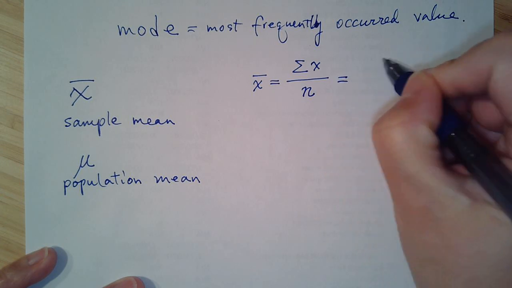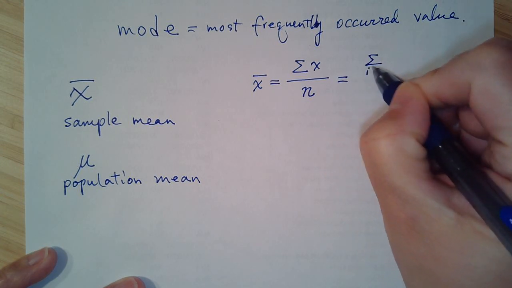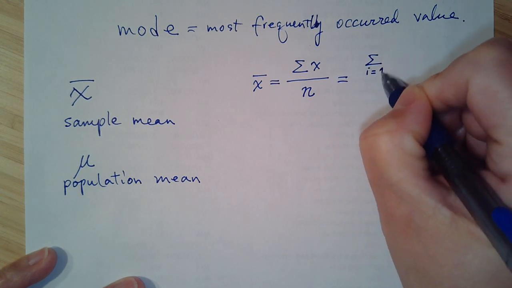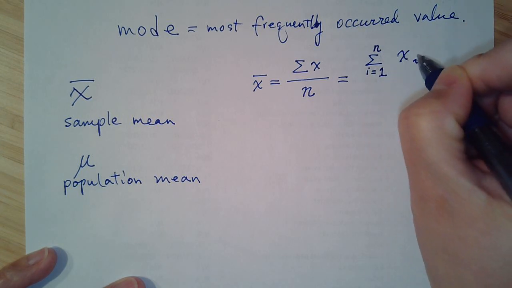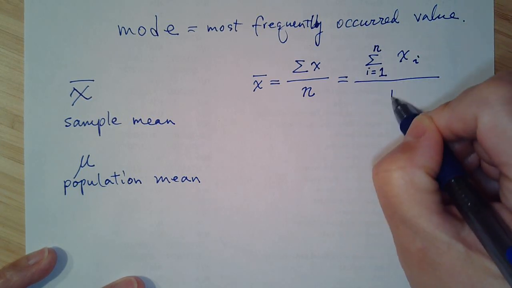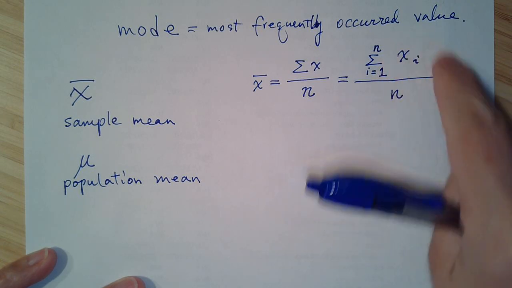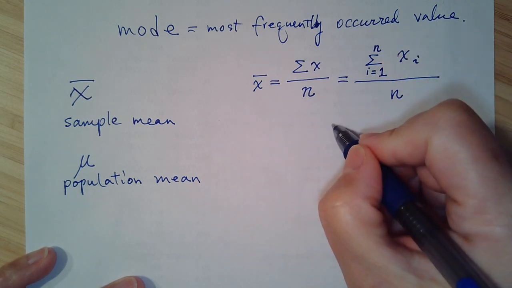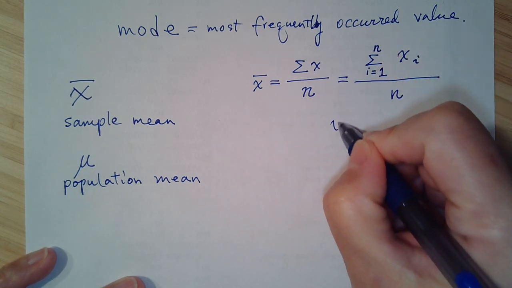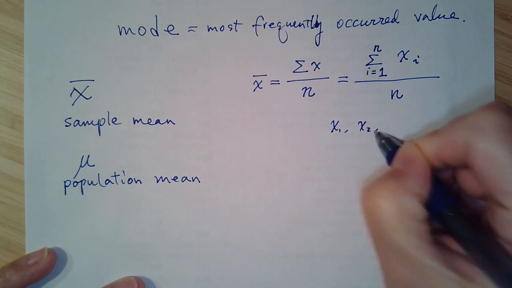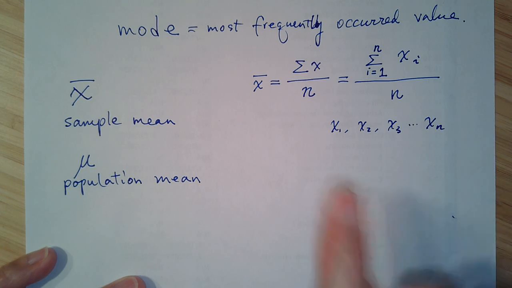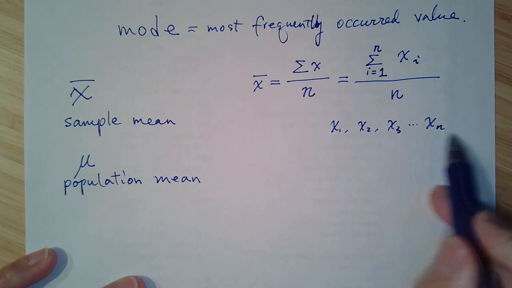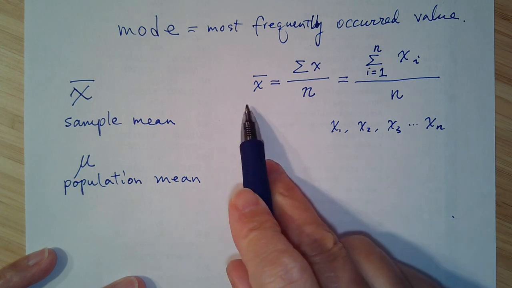There's another way to show it, which is the summation notation: sum from i equals 1 to n of Xi, and then over n. What it means is we have all the data in the set: X1, X2, X3, all the way to Xn. That's the n numbers in your data set. Then you just add them up and divide by n to get the sample mean.